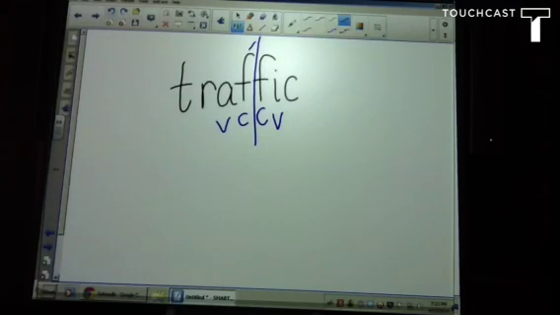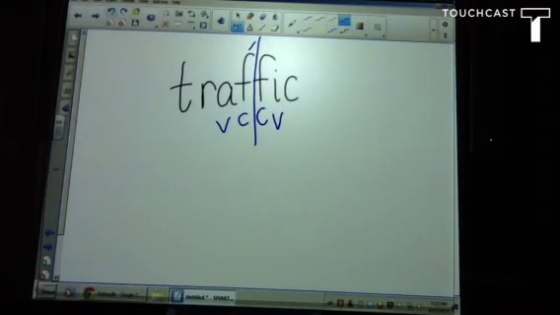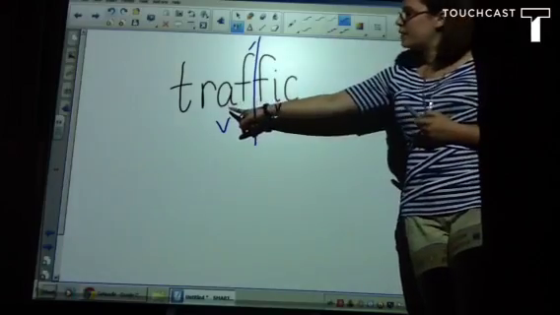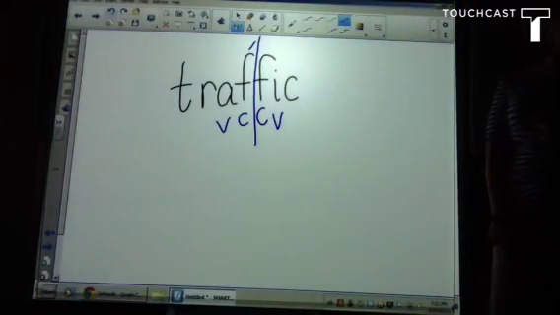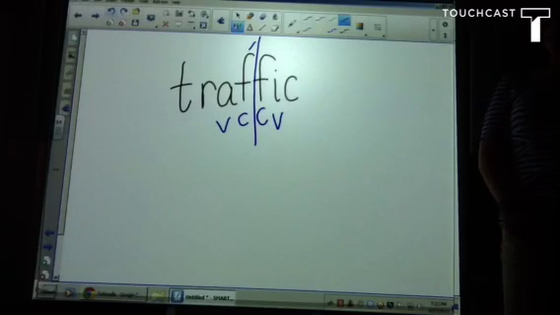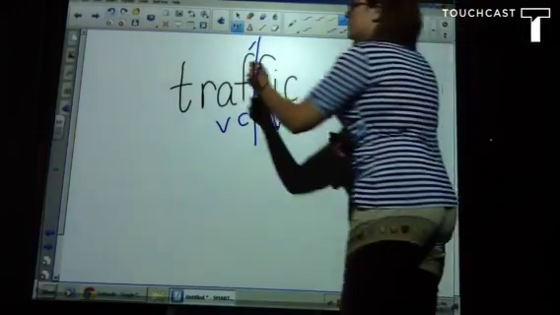One important thing to remember when coding words is that we always code the vowels within the syllables. Look at the letter A. Is it followed by a consonant within that syllable? Yes. Very good. And how do we code vowels that are followed by consonants? With the breve. Good.